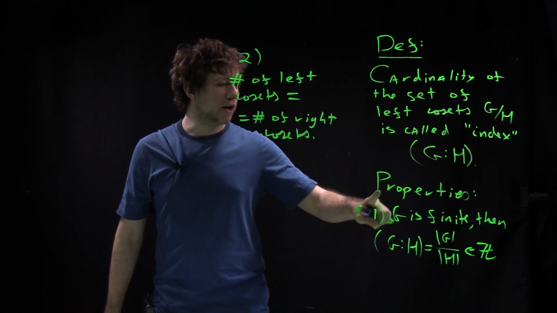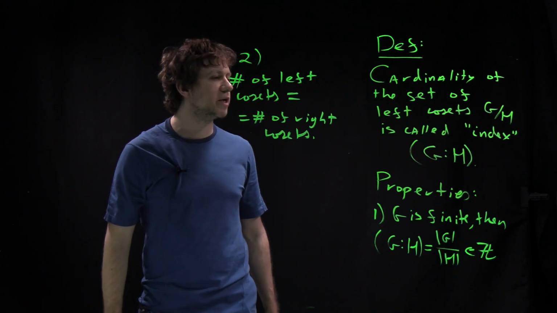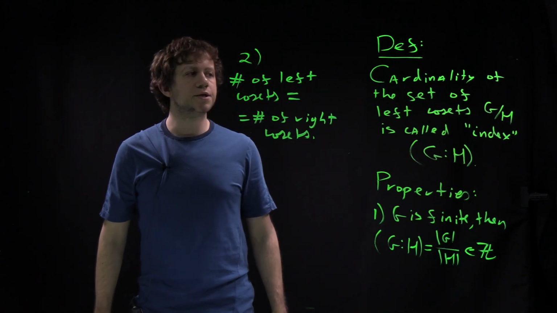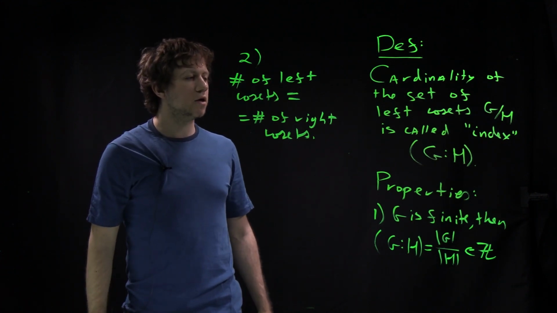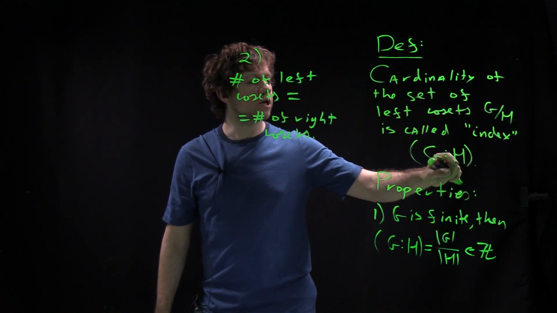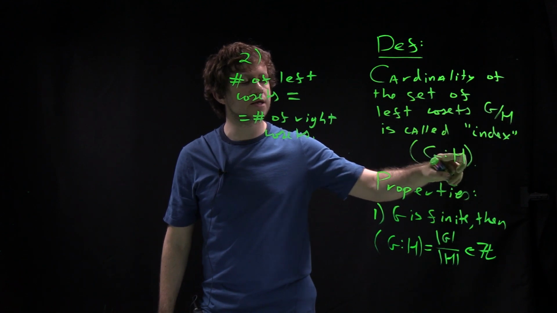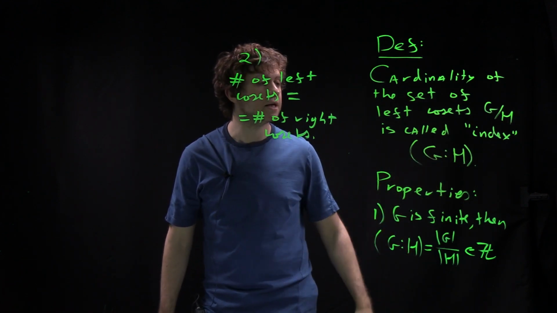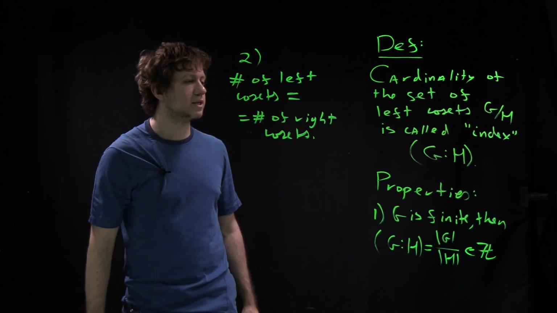It's obvious for a finite group because both equal the number of elements in G divided by the number of elements in H. For infinite groups, we need to prove it in some other way. And notice that it might happen that G is infinite, H is infinite, but the index is actually finite. That happens, and that's an interesting situation. We will look at that in a second.